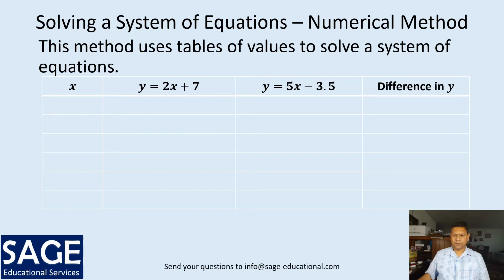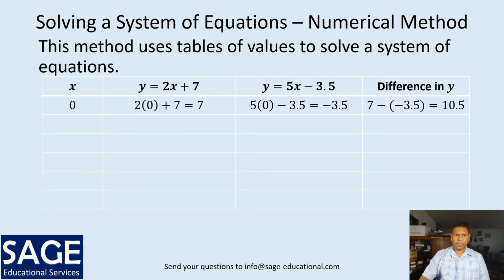So let's start by putting x is equal to 0. And what we find is when x is equal to 0, then 2x plus 7 is equal to 7 and 5x minus 3.5 is equal to negative 3.5. Now look at the last column, which is the difference in y. When we subtract negative 3.5 from 7, we get 10.5. The objective is to get this last column to be equal to 0.